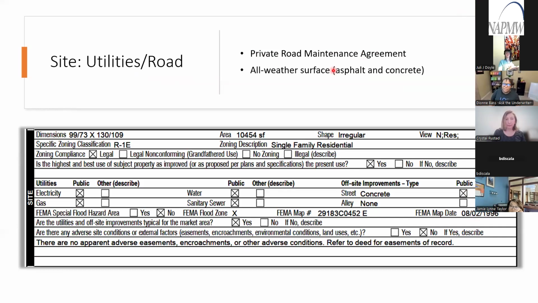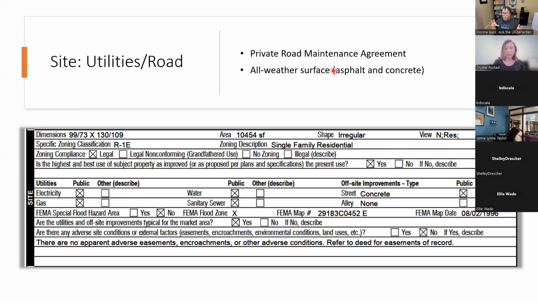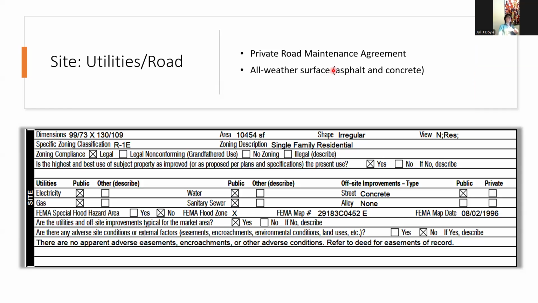What that agreement does is it lets the investor, it lets whomever know, hey, listen, this road is not maintained by the city, the state, the county, whomever. The owners of all of this land maintain it, and we make sure that it has all weather surface.